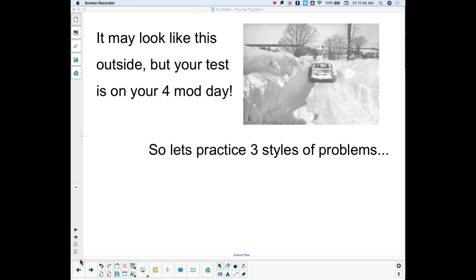Let's do 3 questions: a simplify, a solve, and a verify, the 3 styles of questions that you're going to see on your test. She said, yeah, that's a good idea. I said, but I don't want to grade it. I don't want another grade in the grade book. I want questions. So we were going to take a formative today, and then surprise you at the end of class.